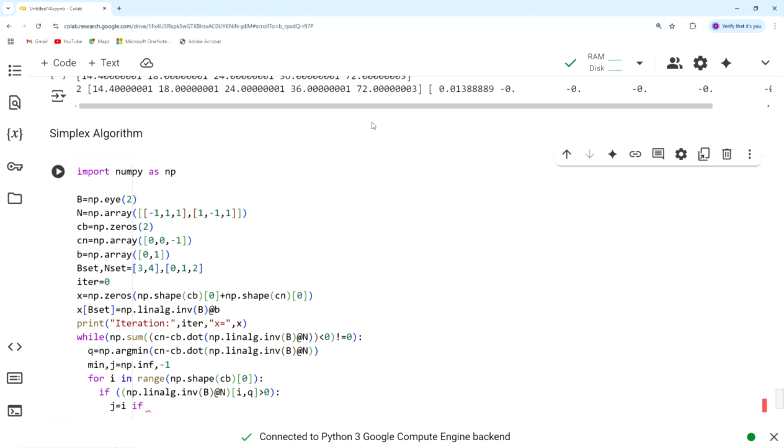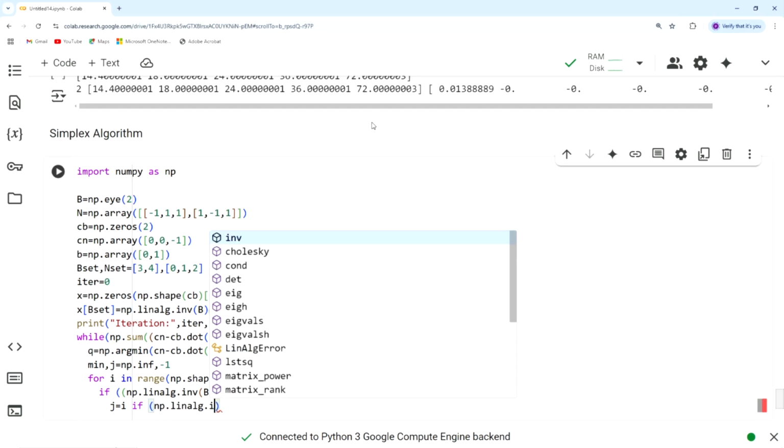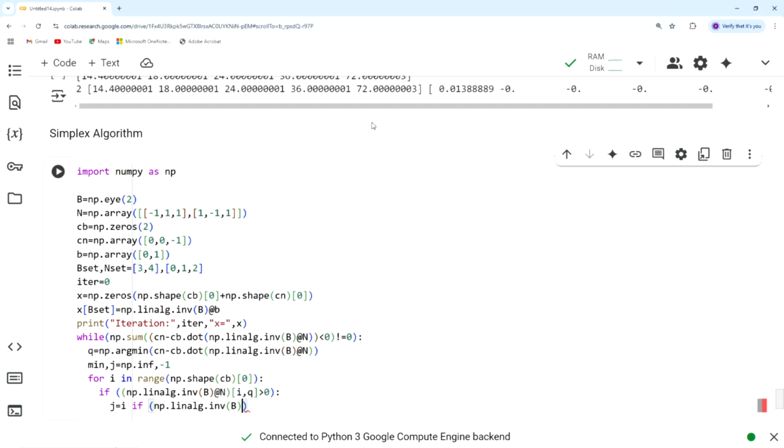what you have turns out to be the minimum, so that will be np.linalg.inv of b at b of i by B inverse n of i comma q. Yeah, so this is actually less than min. So, you have some minimum.